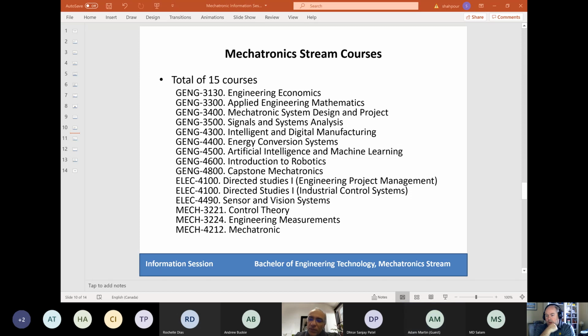I believe, with the mechatronics, you have a kind of flexibility to move in many aspects. So specifically with our program, which is more focusing on the electrical side, you can focus on those aspects of the engineering.